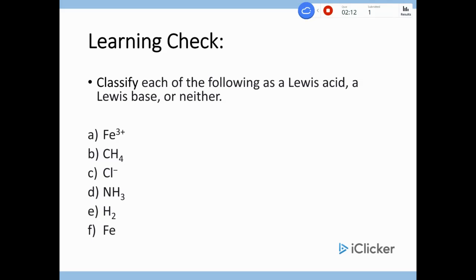If you were to draw the Lewis structure of that, would it have any non-bonding electrons?